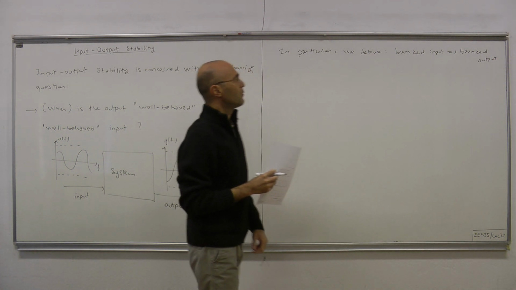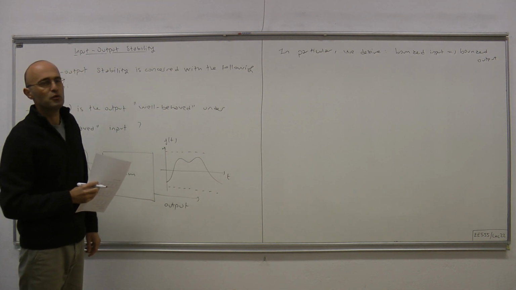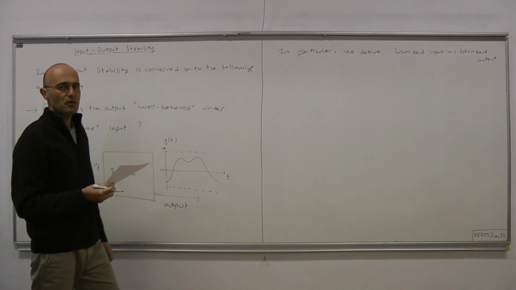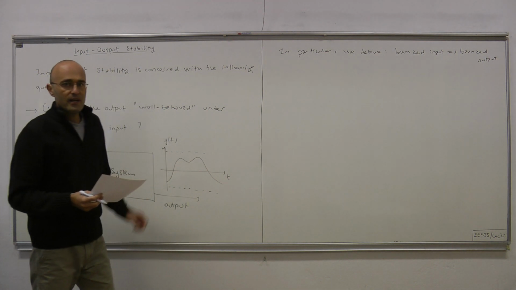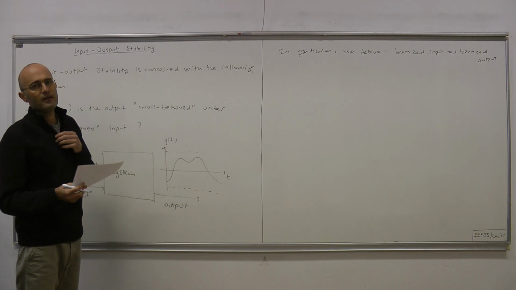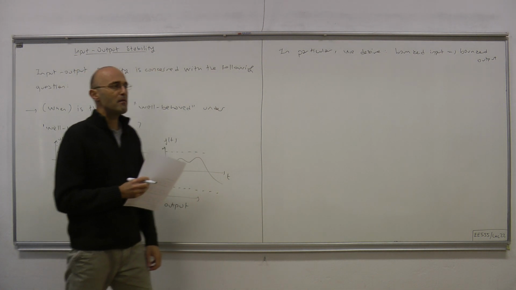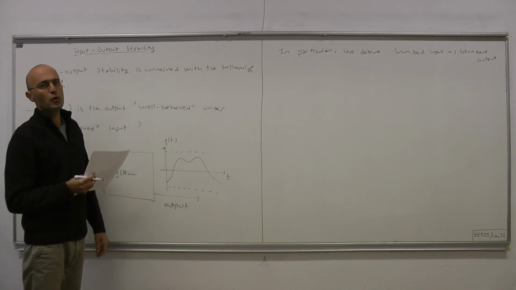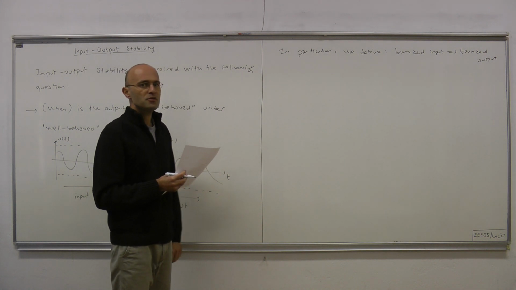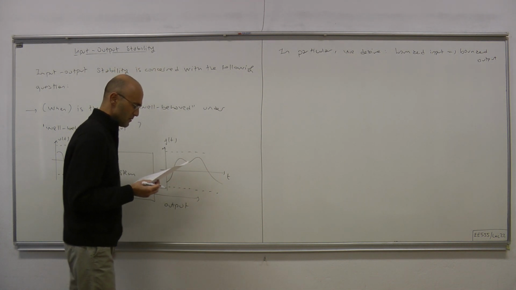Okay, so that's something that we talked about in 542 in linear systems. Before we introduce the necessary definitions for the nonlinear case, for the general case, let's quickly review what the case was for linear time invariant systems. Okay.